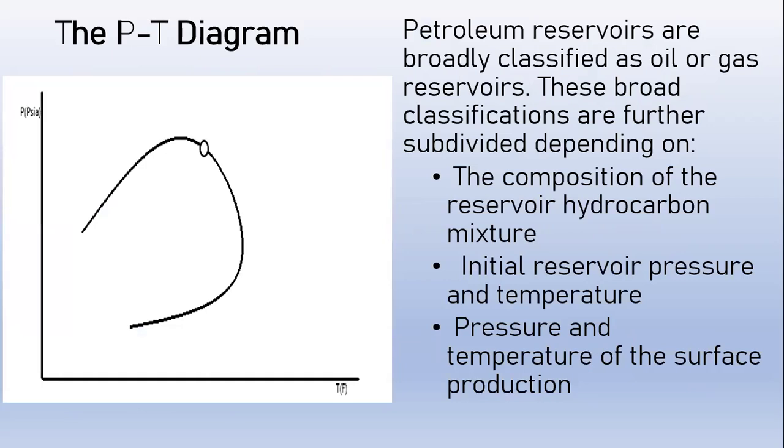So this is a PT diagram. On the y-axis, it's usually our pressure in psi, and the x-axis is our temperature in degrees Fahrenheit. So reservoirs are broadly classified as oil or gas reservoirs.